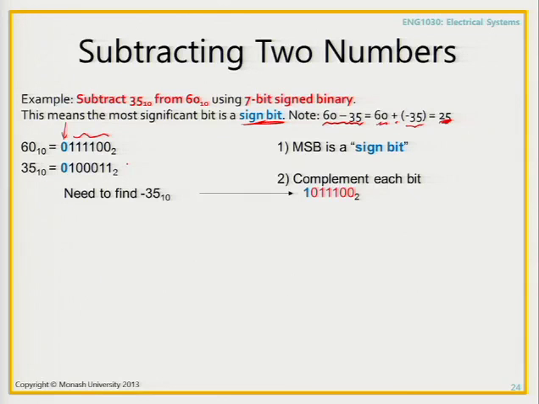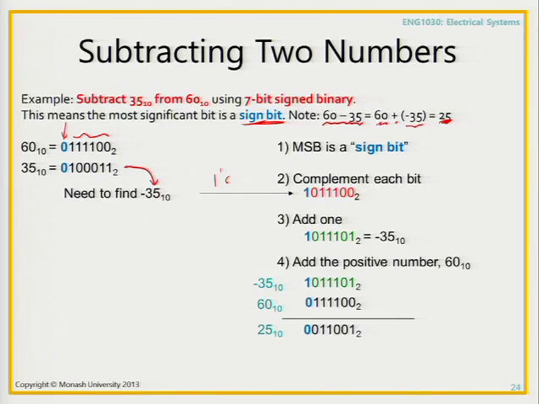Right? So here's 35. You need to find the 1's complement. And then you need to add 1 to it to give us minus 35. Okay? So now we can add the positive number 60 to the negative number 35 to give us positive 25. And it would be good if we checked that this actually worked.